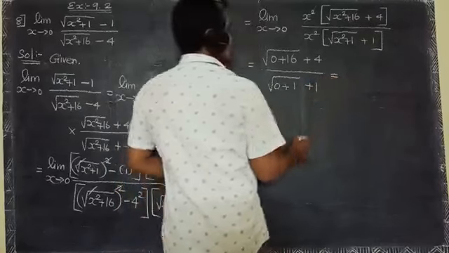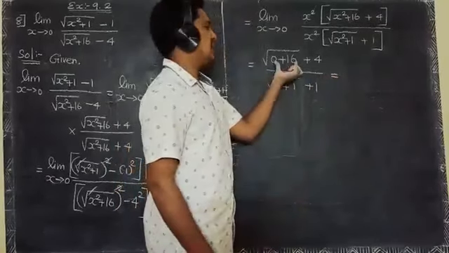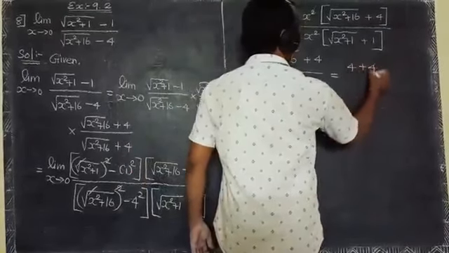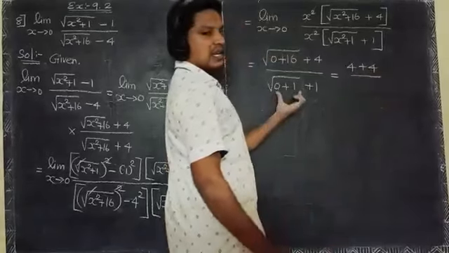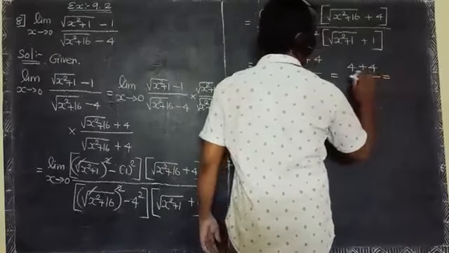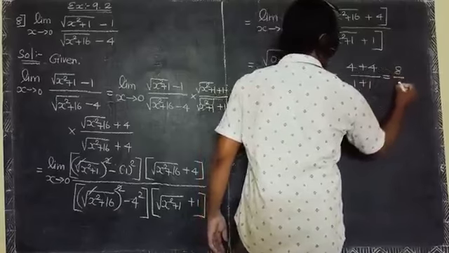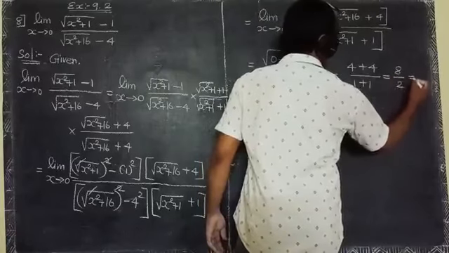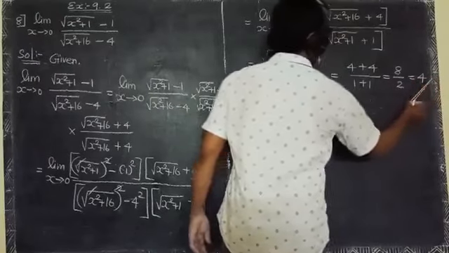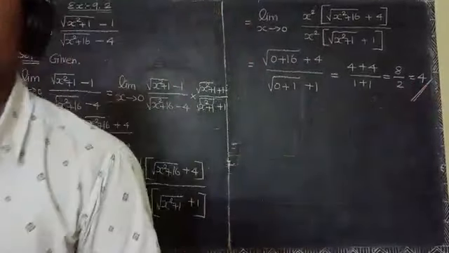The numerator: 0 + 16 is 16, square root of 16 is 4, plus 4. The denominator: square root of 1 is 1, 1 plus 1 is 2. This is equal to 4 plus 4 is 8, divided by 2. 8 divided by 2, simplify, we get the result 4.